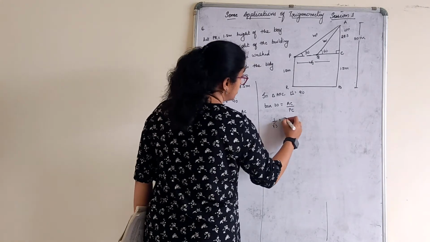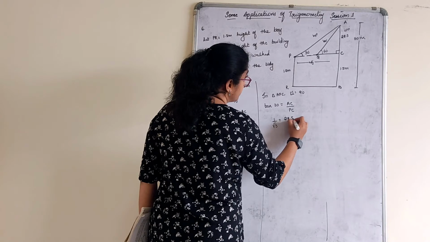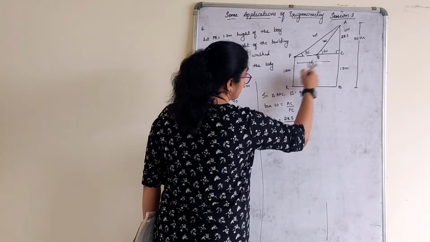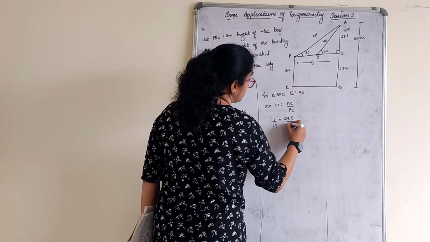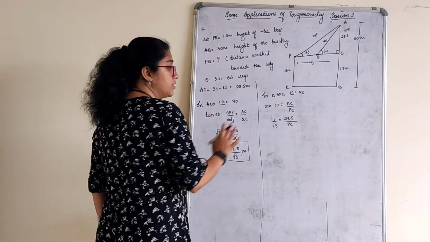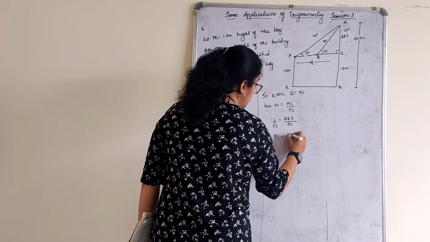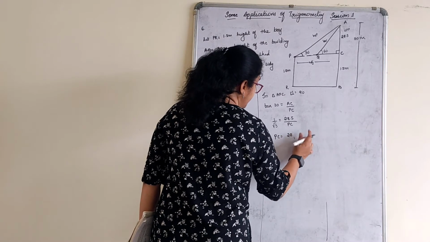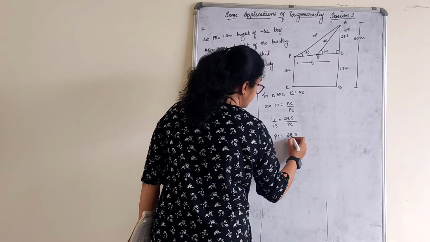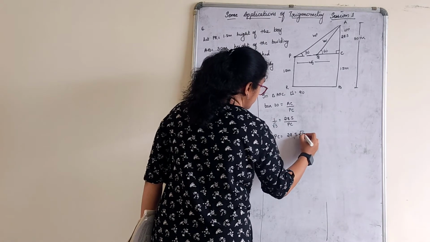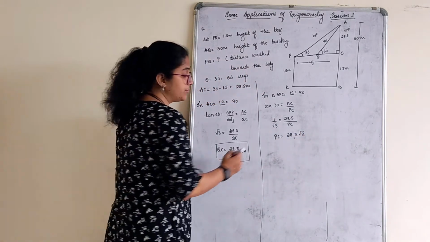AC is how much? 28.5. PC as it is, the whole. Cross multiply. PC is equal to 28.5 root 3, right? Meter.